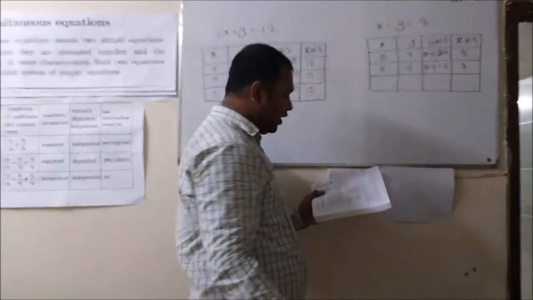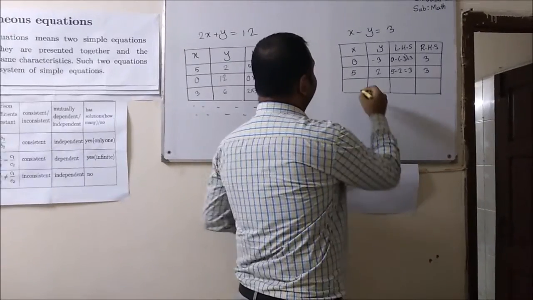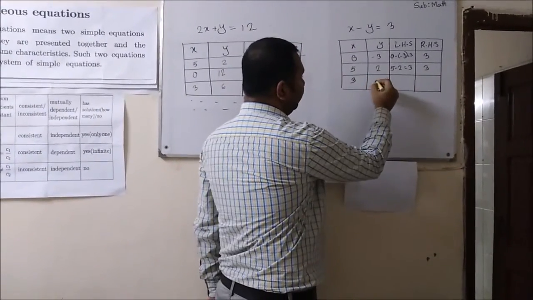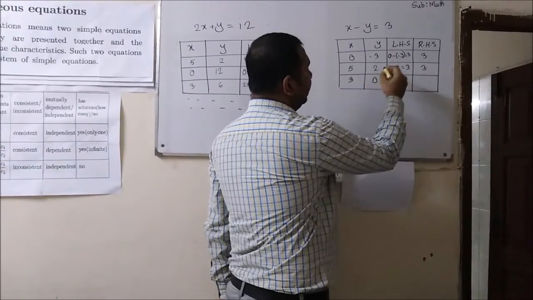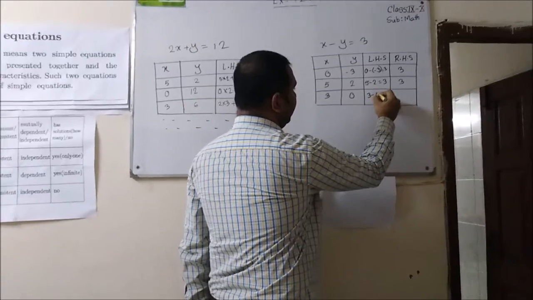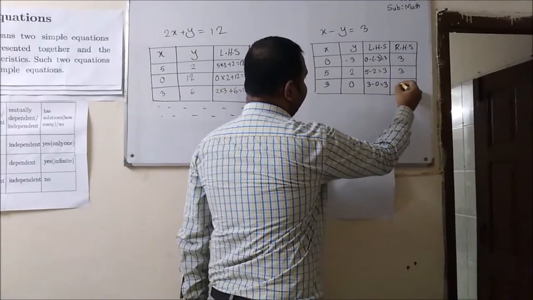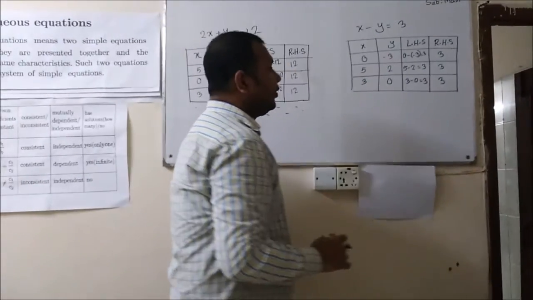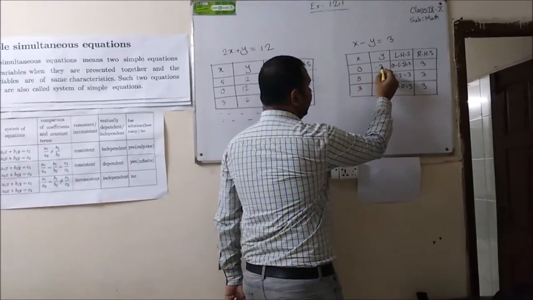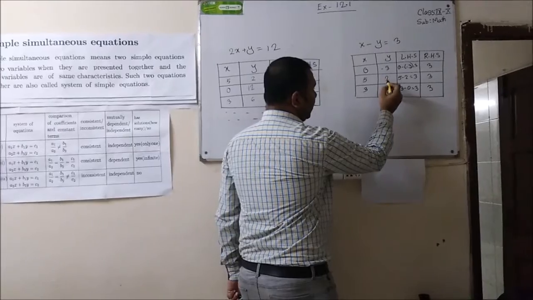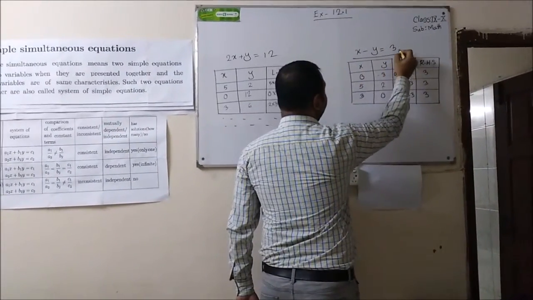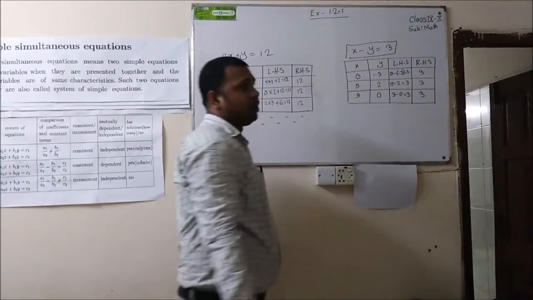Like that, if I use another value, the value of x equal to 3 and the value of y equal to 0, then you will see that 3 minus 0 equals 3, where your right hand side is the same 3. So for the values 0 comma minus 3, 5 comma 2 and 3 comma 0, this equation is solved.